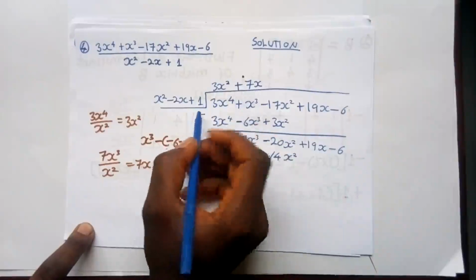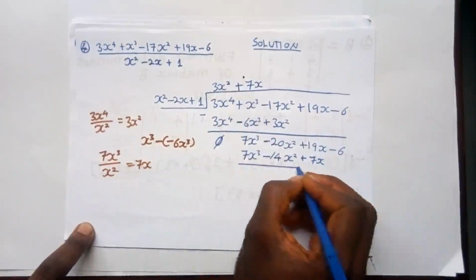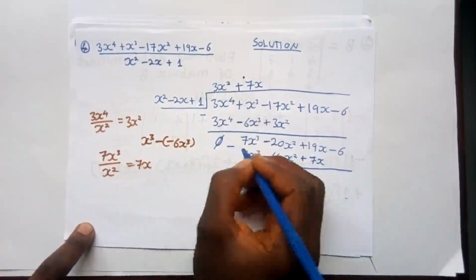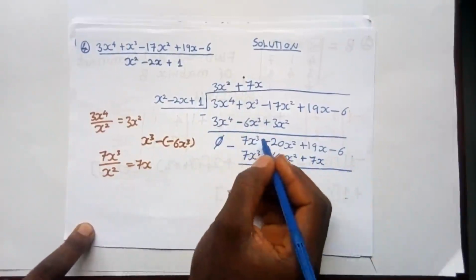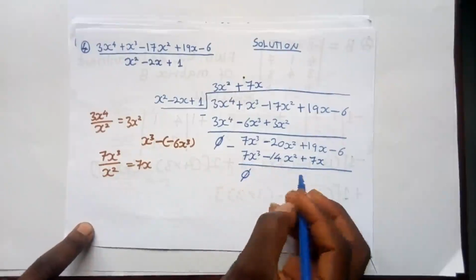And 7x multiplied by 1 gives us plus 7x. Minus 7x raised to the power of 3 minus 7x raised to the power of 3 gives us 0.